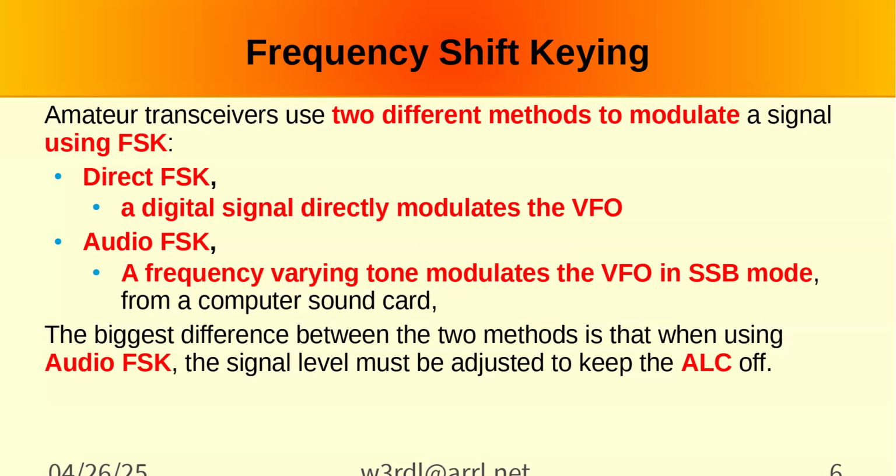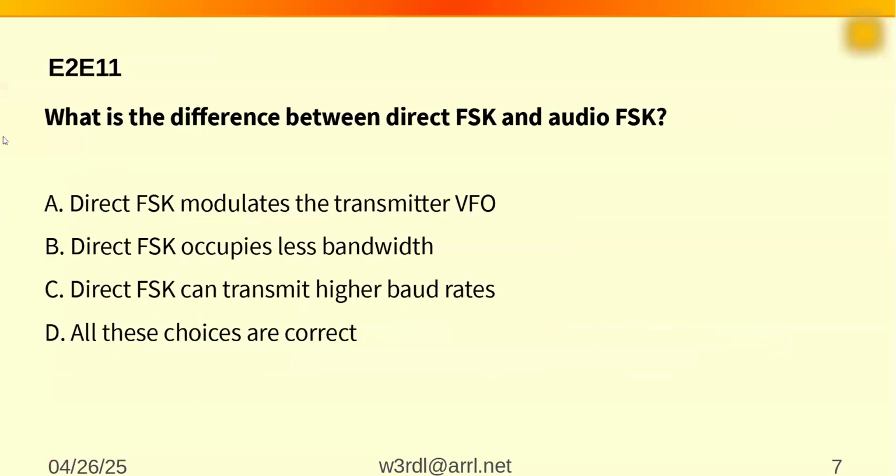It may come up later. One of the more important things is with the audio frequency shift modes, you care about ALC. It can really mess it up. So what's the difference between direct FSK and audio FSK?